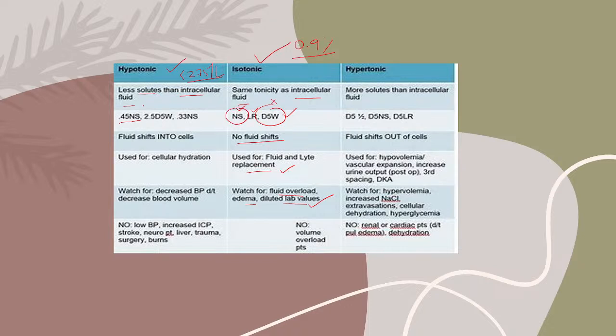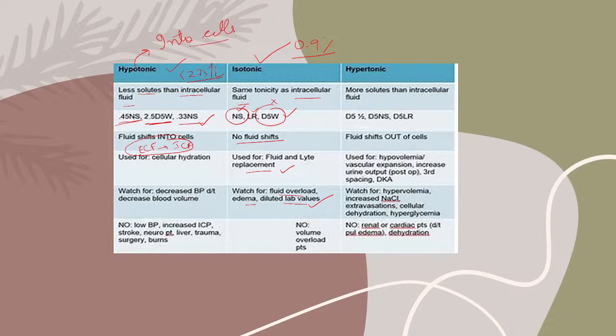So hypotonic fluids are 0.45% NS, 2.5% D5 in water, and 0.33% NS. There is a fluid shift into the cells, that is from extracellular fluid to intracellular fluid. Need to remember this: in hypotonic, fluid will go into the cells.